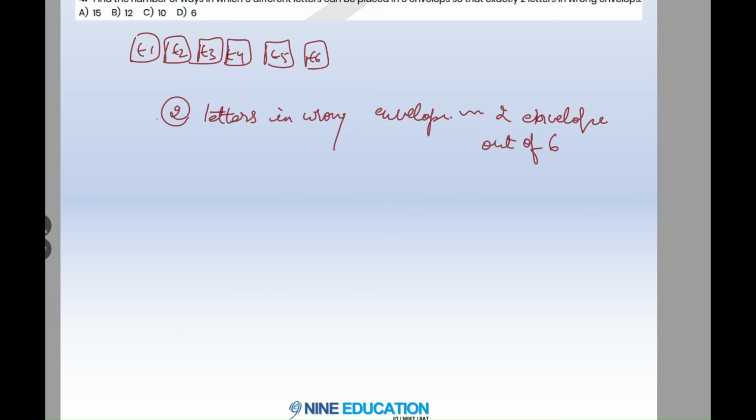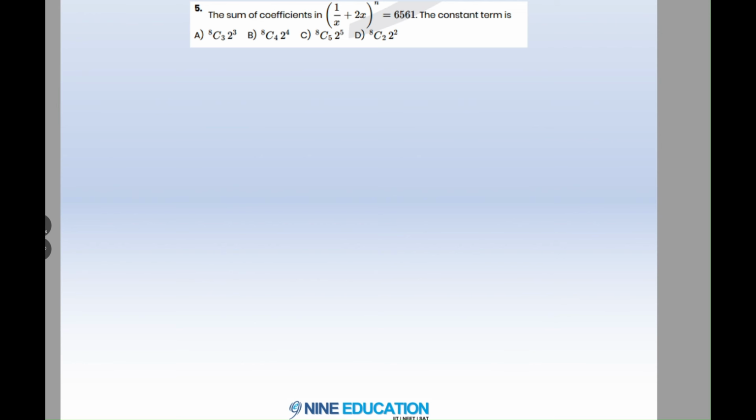So you have to basically choose 2 envelopes out of the 6. So choosing 2 envelopes out of the 6 is equal to 6C2, which is equal to 6 into 5 by 2, which is equal to 15. So there are 15 choices, hence 15 is the correct answer.